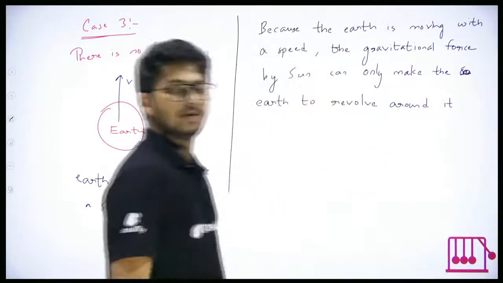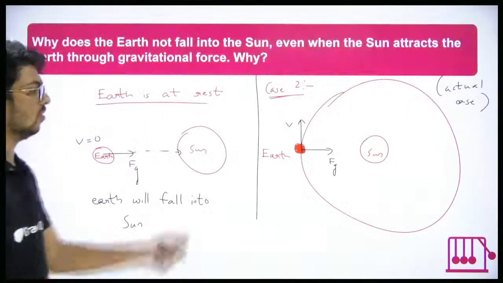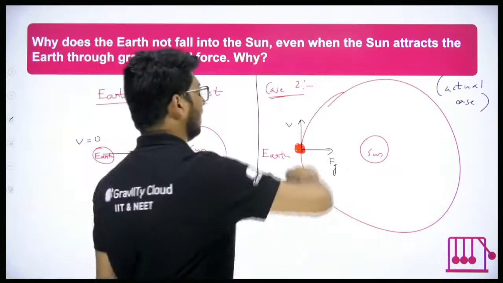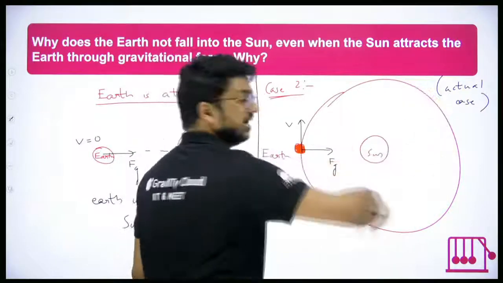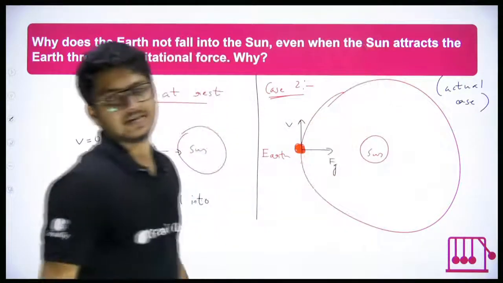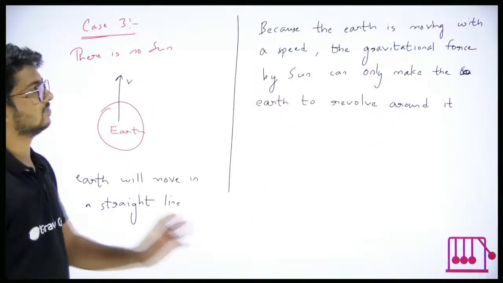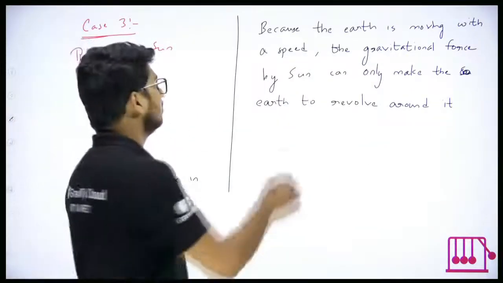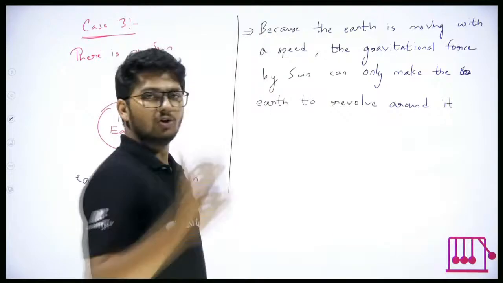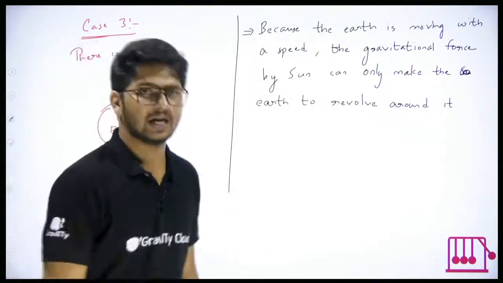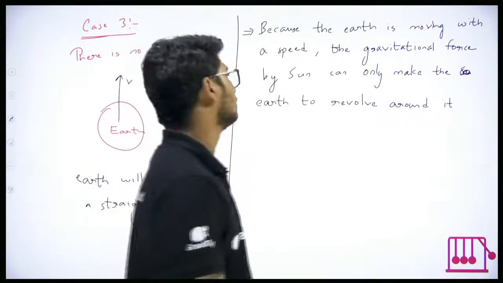Simple. The force is not able to pull it, but the force is only able to make the Earth go in a circle. Simple. Understood? So if you take these three cases, then it is easy to understand. Good. Now next.